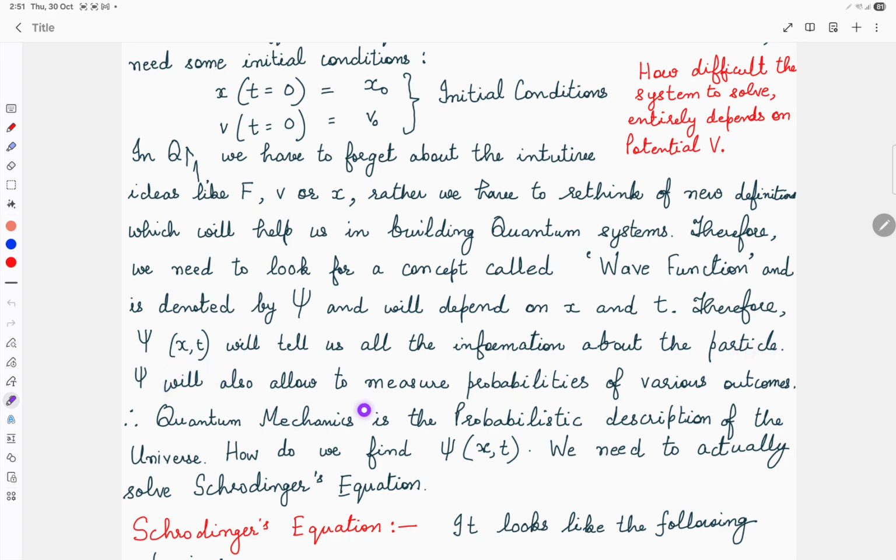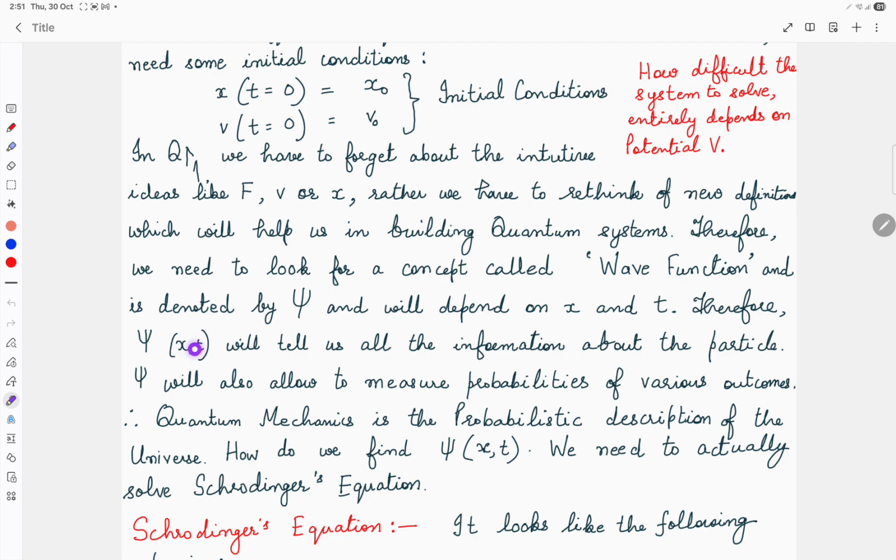Now psi will also allow us to measure, because in quantum mechanics we will not be able to know exactly where the particle is. We will only be able to affix a probability to the position at a particular time. That means at this time the particle will be at a certain point with this much probability.